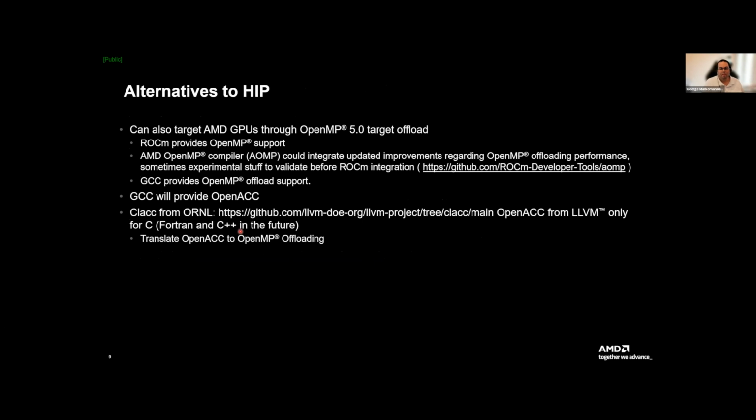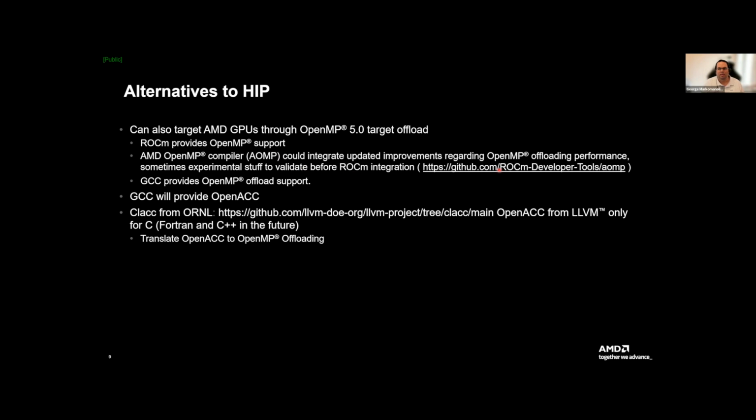You can also target AMD GPUs through OpenMP 5 target offload. ROCm provides OpenMP support. Something else, the AMD OpenMP compiler, AOMP, could integrate updated improvements regarding OpenMP offloading performance, sometimes experimental, to validate it before ROCm integration.